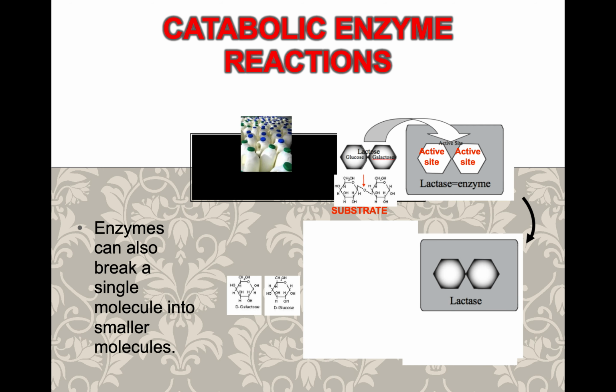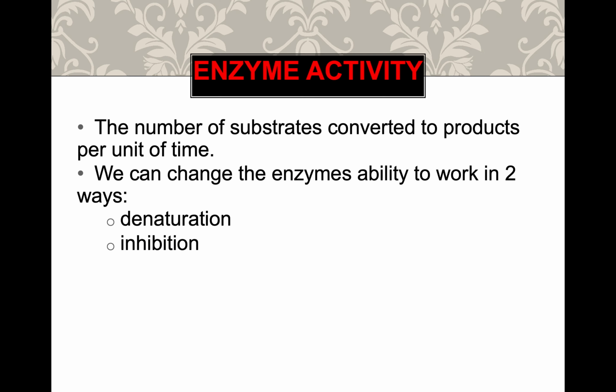So in catabolism, it is the other way around, the breaking down. Right, so in terms of enzyme activity, the number of substrate that is converted to products depends on per unit of time. And we can change the stability of this enzyme in two ways, okay, either through denaturation or inhibition. So don't be surprised to see denaturation or inhibition here.